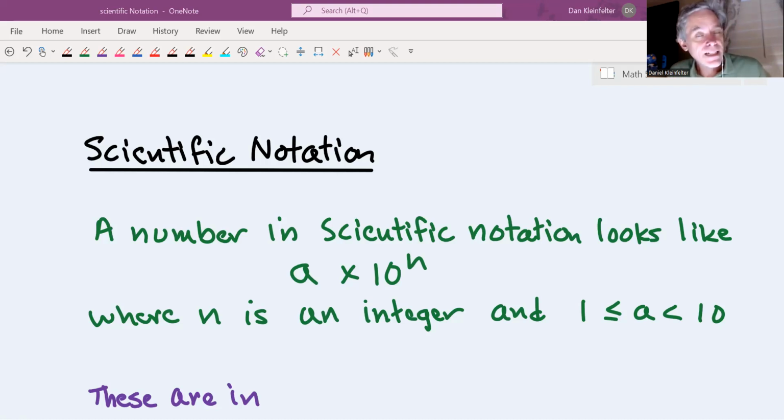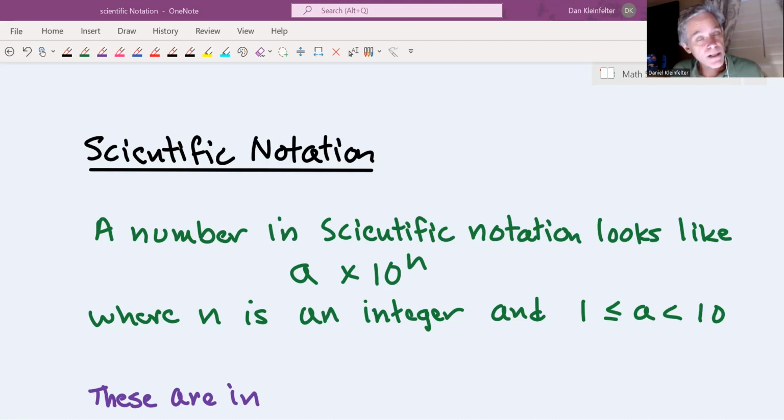So first of all, definition. A number in scientific notation looks like a number A multiplied by some power of 10. So A times 10 raised to the n power. And there's some restrictions here on A and n. For this, n is an integer, so a positive or negative number, no decimals or fractions. And A has to be in between 1 and 10, including 1, but not including 10.